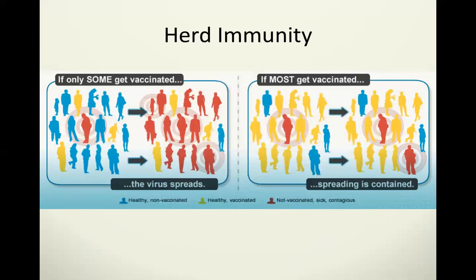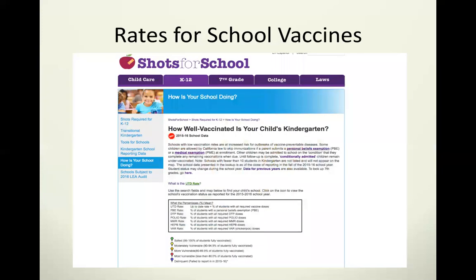Do you see how the red person changes all the blue to red? It's because it's spreading from red to blue. The yellow people have been vaccinated, and that creates a barrier between the people who are vaccinated and the people who are vulnerable. So when people are vaccinated, we start to control the disease.